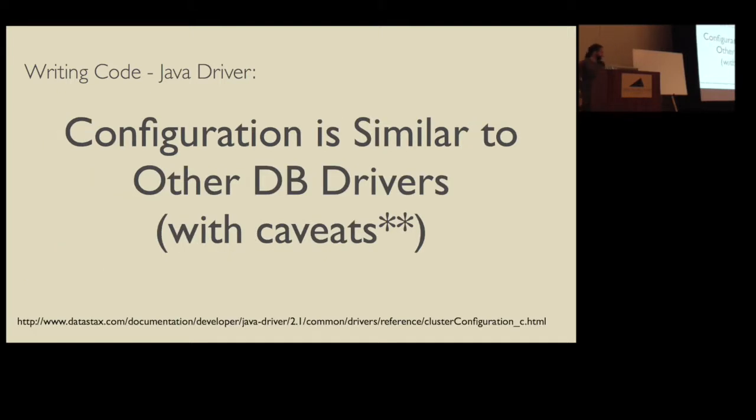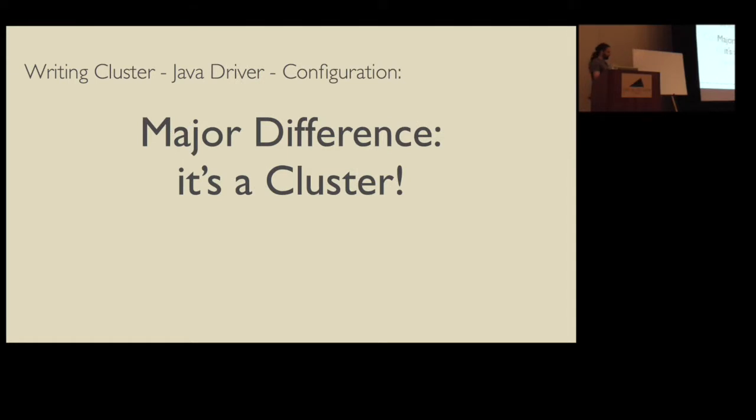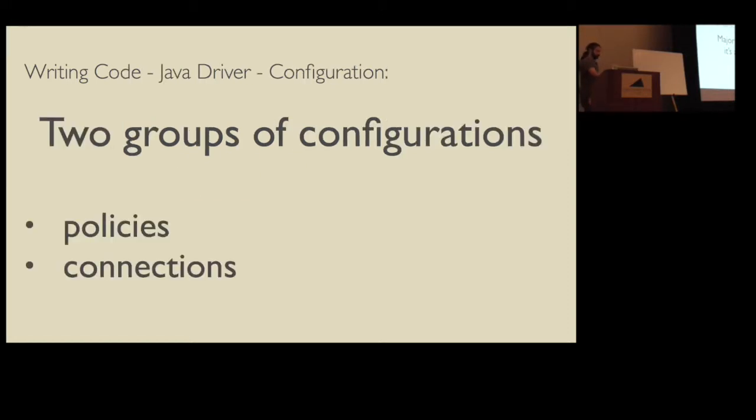Configuration itself is similar to other database drivers, with some caveats that are documented in detail, but the main difference is that it's a cluster. So you're not just dealing with a single master or single master-slave setup. Really, there are 2 different groupings: policies and connections.